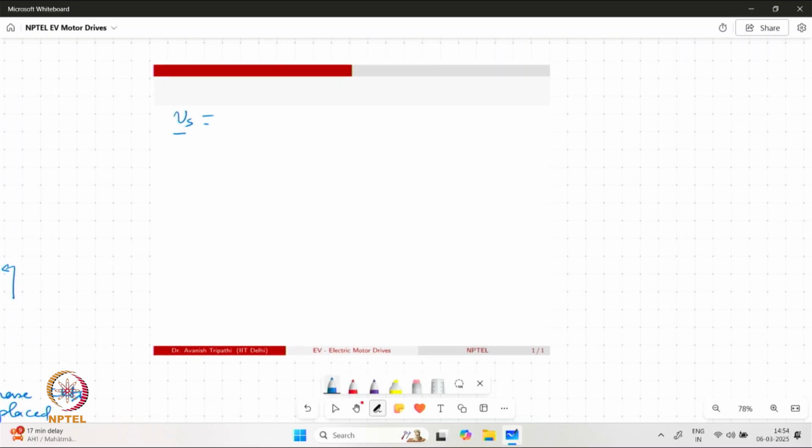The vector Vs, if we replace the values of Vr vector, Vy vector and Vb vector, and now opening this unit vector, we are going to get these real and imaginary components.